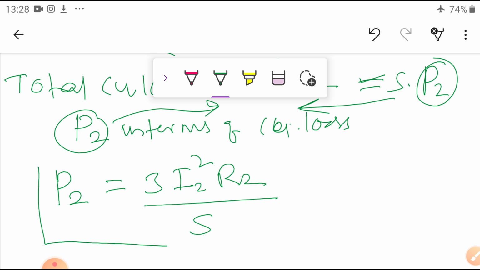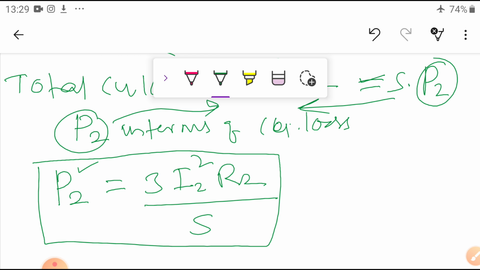So this is the P2 value. That means the rotor input can be written as 3 I2 square R2 by S. So from the total copper losses and the slip, we are going to get the total input to the rotor.